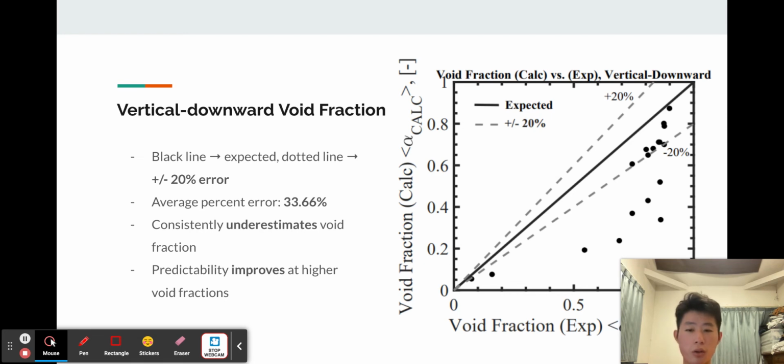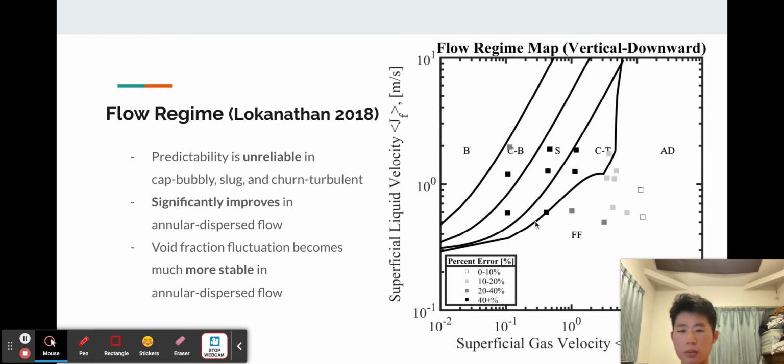For vertical downward void fraction, again, this is the graph of calculation versus experimental. This time, it generally underestimates the void fraction, and it has a larger percent error for void fraction below 0.7, 0.8. The average percent error is 33.66%, but the predictability improves significantly after about 0.8 void fraction.